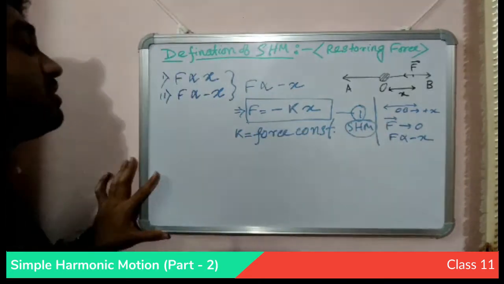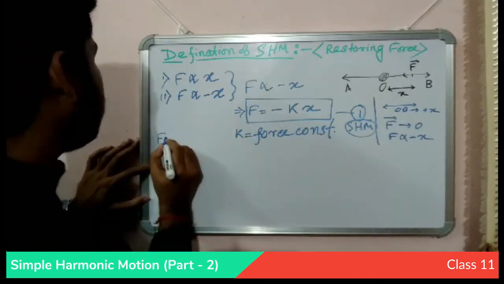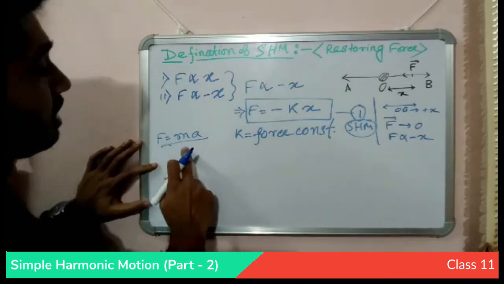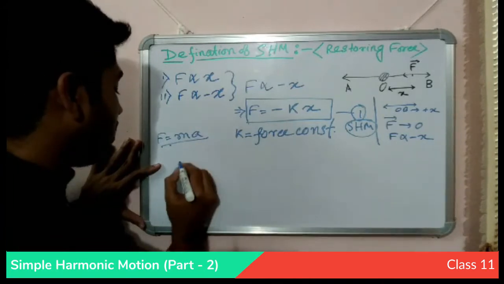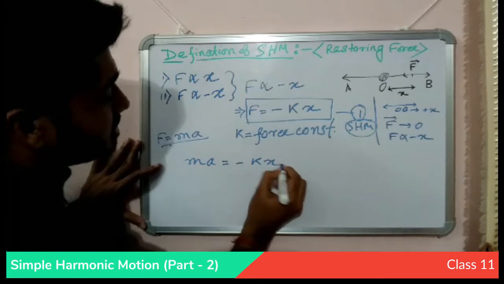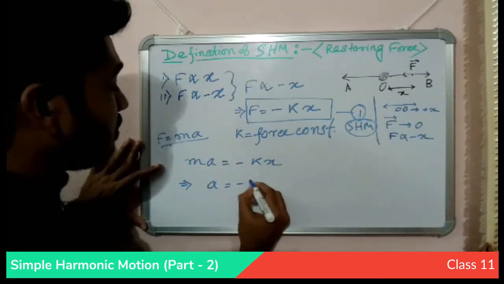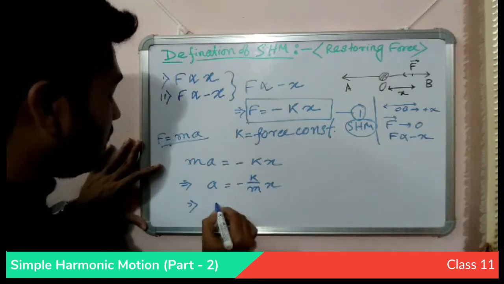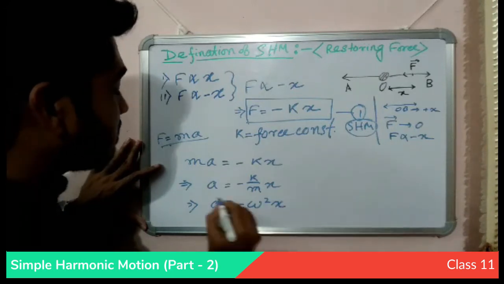One kind of SHM equation is this. Now we know that force is equal to mass into acceleration. So putting this in equation 1, we get ma is equal to minus kx, or a is equal to minus k by m x, or we can write a is equal to minus omega square x.